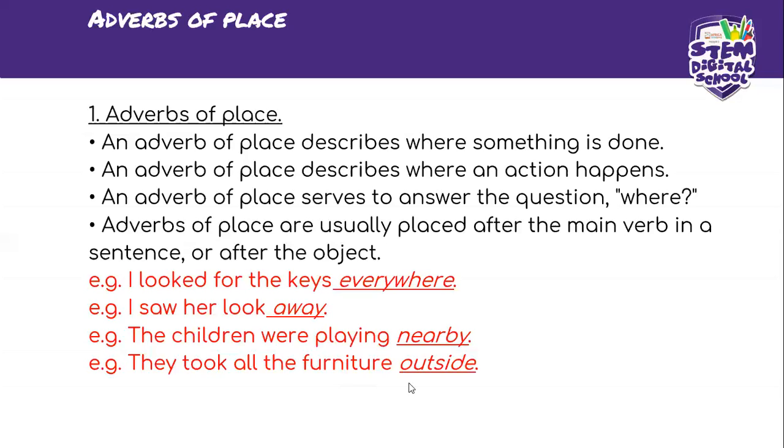Then you will know that outside becomes our adverb of place because it tells us where they took all the furniture. So this sentence will be more understandable if we say, they took all the furniture outside. So outside functions as our adverb of place.